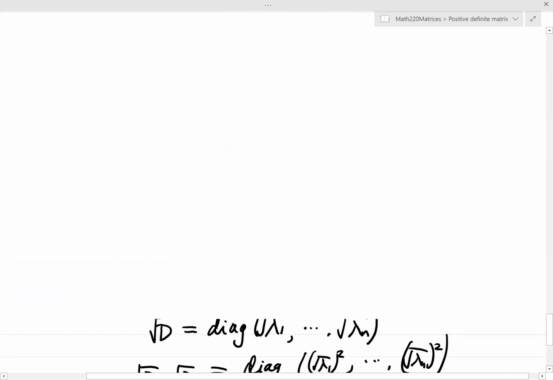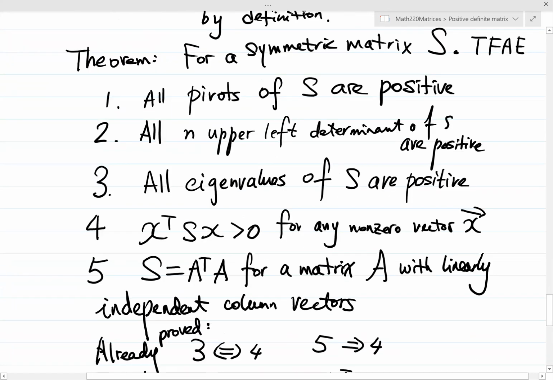Other conditions, 1 and 2, are tedious to show. We will not bother to show that 1 and 2 are equivalent to 3, 4, 5.